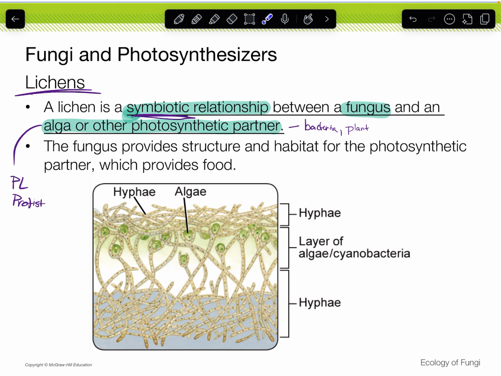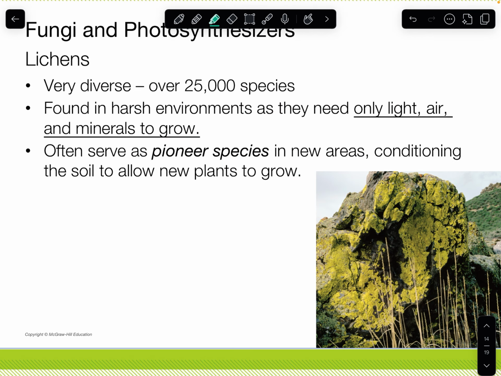So the fungus provides structure and habitat for the photosynthetic partner, and the photosynthetic partner gives food from photosynthesis. So we have structure and food getting passed back and forth. That would be considered a lichen.